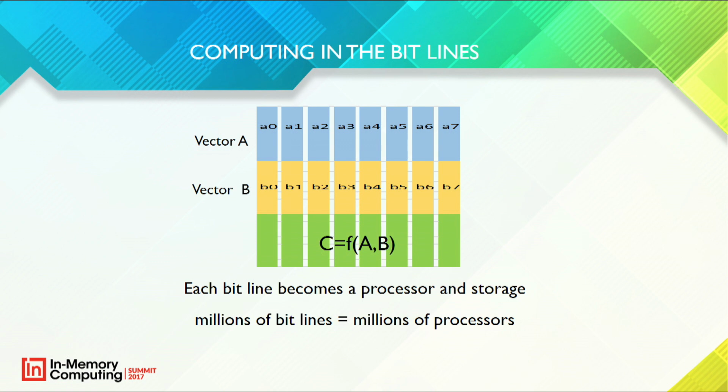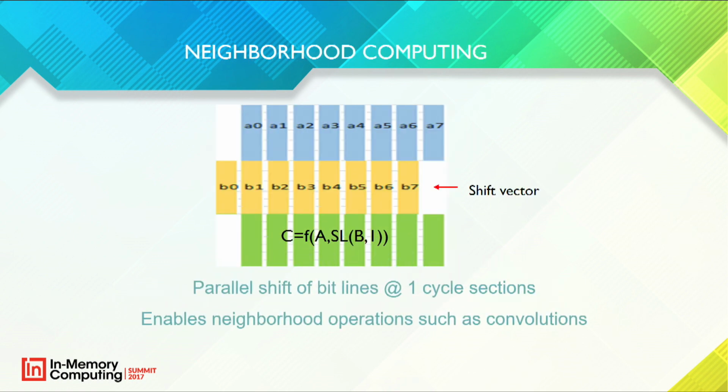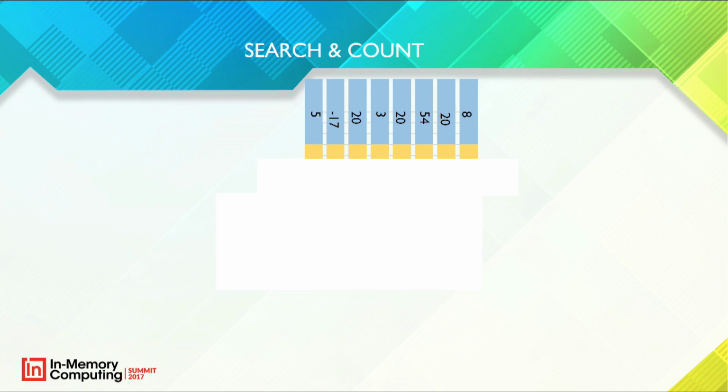We can do any function between A and B, A multiply B, A plus B, etc. We have the ability to shift one section in parallel to the left or to the right, and they can do neighborhood operations, for example a convolution for a convolutional neural network, or DCT, or FFT, or any type of neighborhood operation inside.